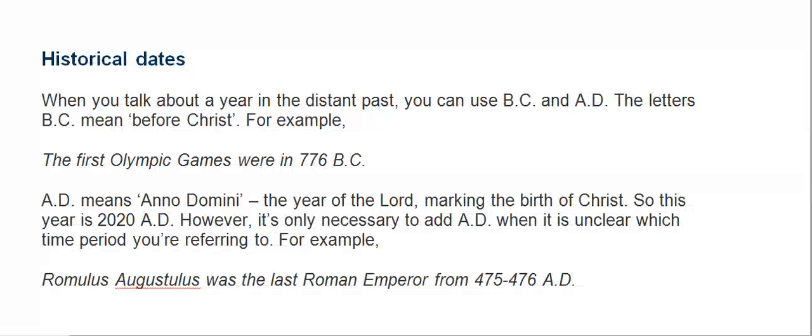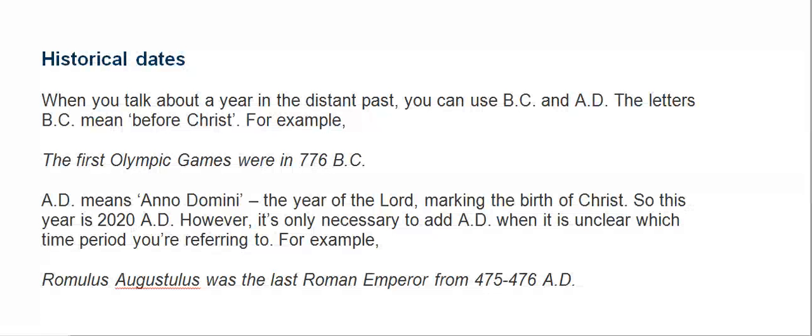So this year is 2020 AD. However, it's only necessary to add AD when it is unclear which time period you are referring to. For example, Romulus Augustulus was the last Roman emperor from 475 to 476 AD.